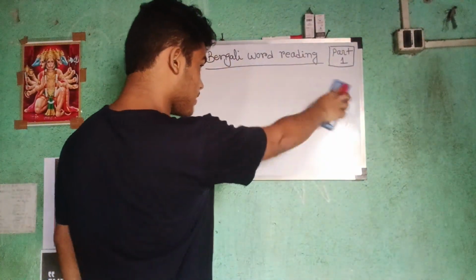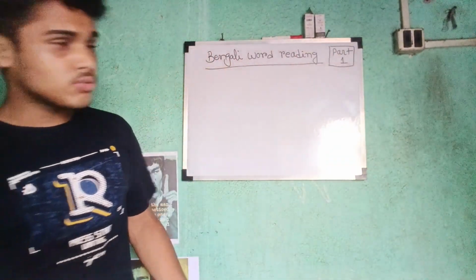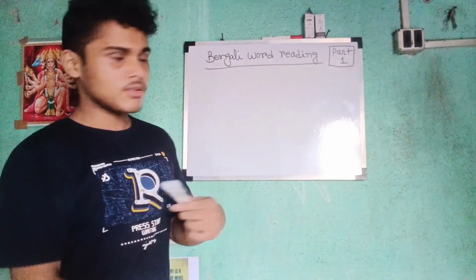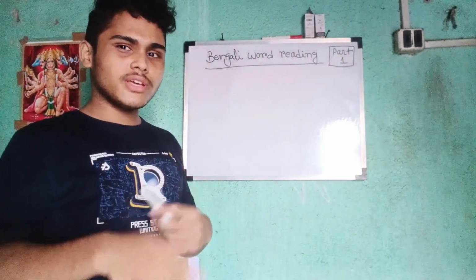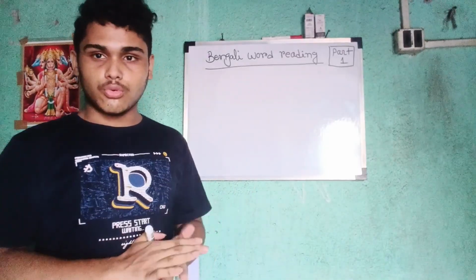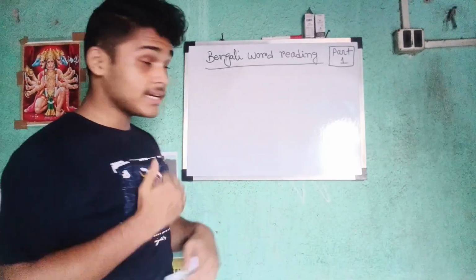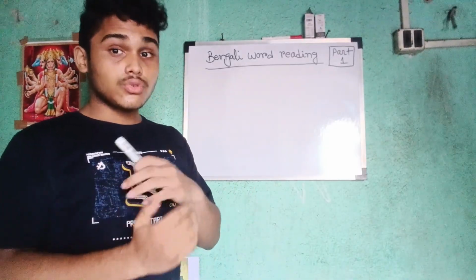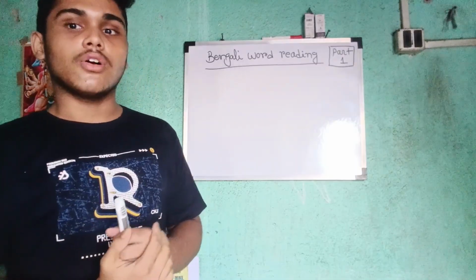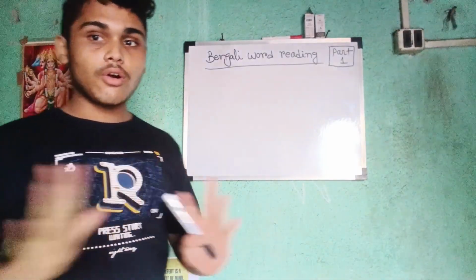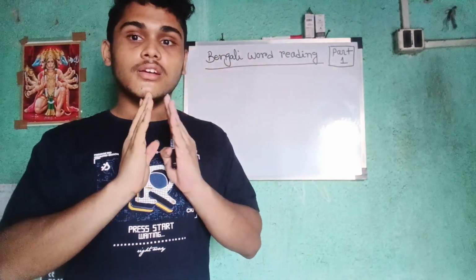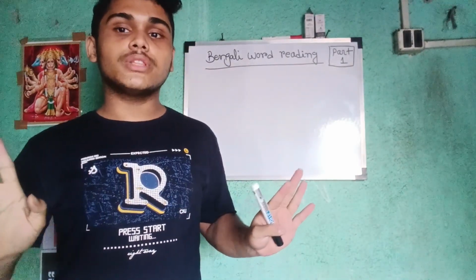So after that, we are moving towards some complex things. Okay. Today is part 1, and today we'll also cover part 2. So we'll have a better understanding of how to read those words in Bengali. So if anyone gives you any Bengali word, you can read it easily without any tension.